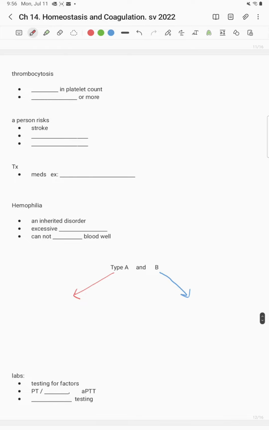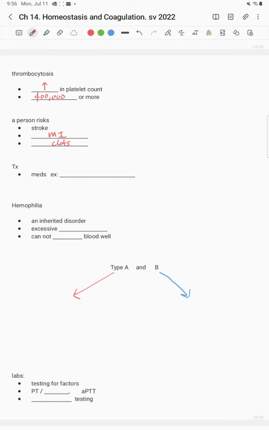Thrombocytosis is an increase in platelet count, 400,000 or more. A person risks stroke, myocardial infarction, and abnormal clots, the harmful version of clots.